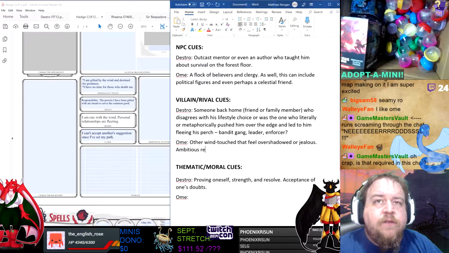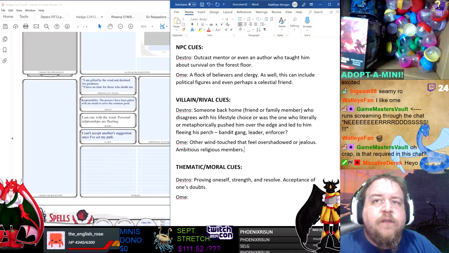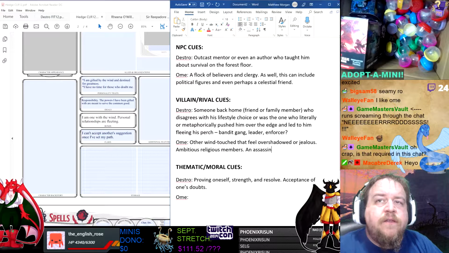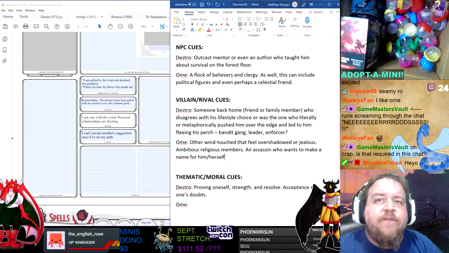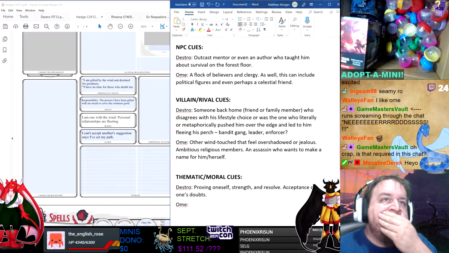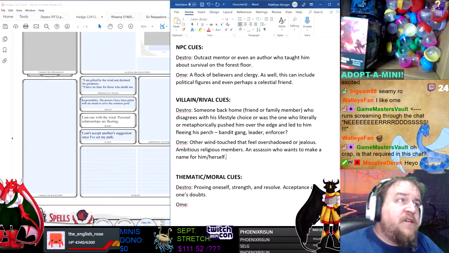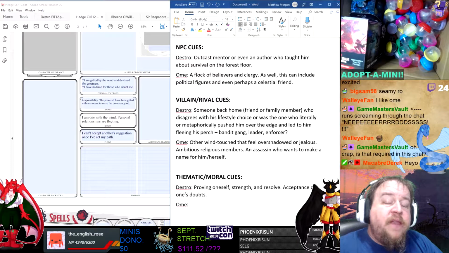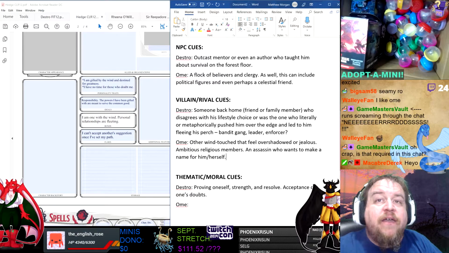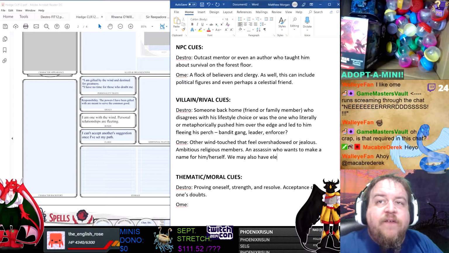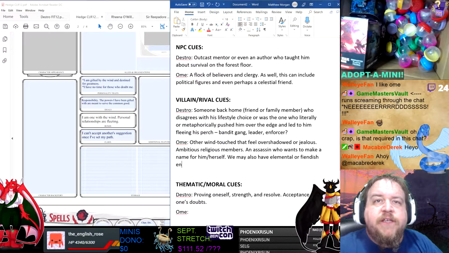Ambitious religious members. An assassin who wants to make a name for him or herself. Also, as we manipulate the wind, and if we have perhaps a celestial ally, we may also have elemental or fiendish enemies.